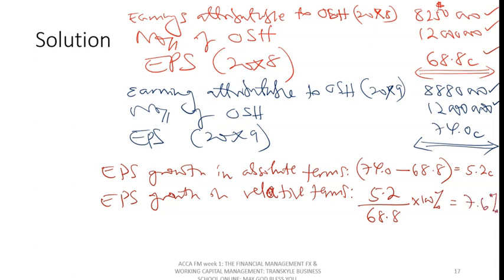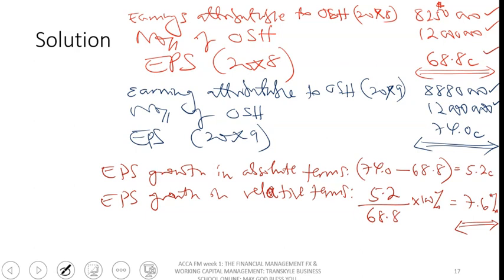In the exam, you're likely to be given 5.2% and you are going to fail if you choose that. So this is what you have to do as a calculation for this problem. You need to do this to calculate your relative and absolute growth. All right, let's move on.